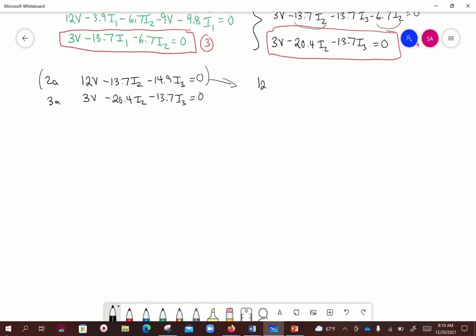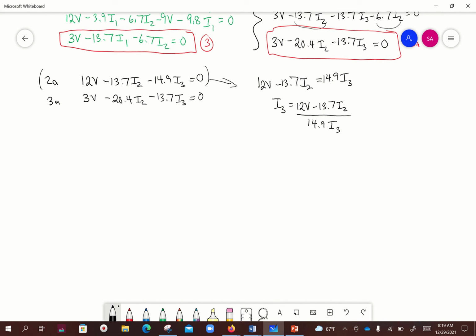So I've got 12 volts minus 13.7 I2, and I'm going to add the 14.9 I3 to both sides. So I get that. So I3 is equal to 12 volts minus 13.7 I2 over 14.9.